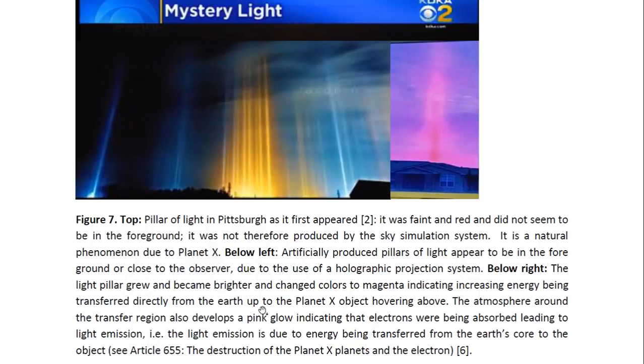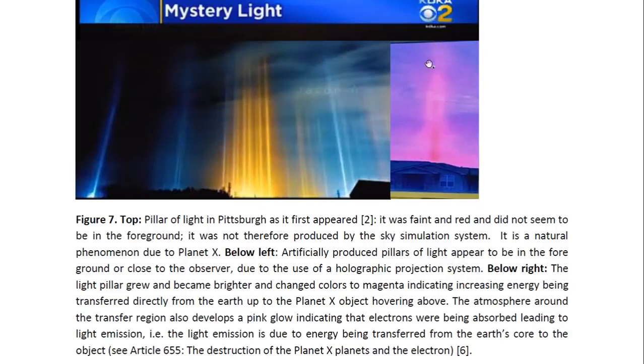transferred directly from the Earth up to the Planet X object hovering above. And look how much light there was then in the sky. And you see that this house looks blue. It looks blue because of the kind of light that is emanating from the atmosphere due to the energy transfer, and the energy transfer is in the form of electrons that transfer from the surface of the earth up into the atmosphere towards the object.